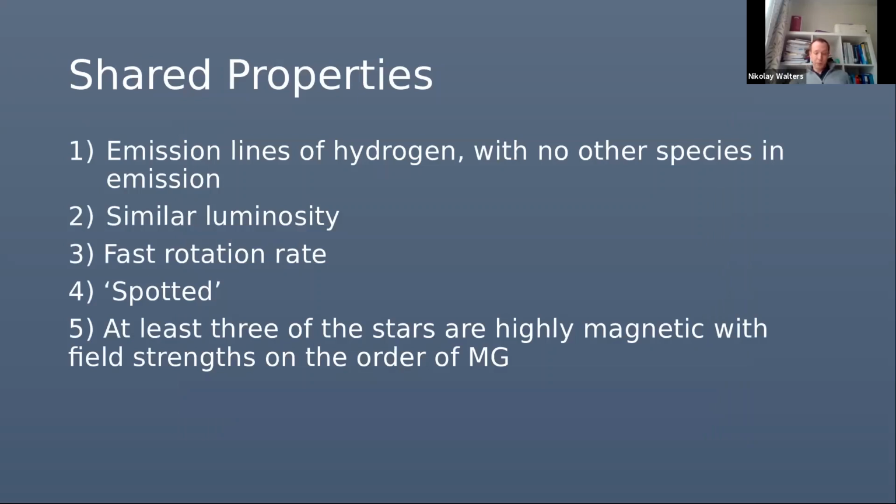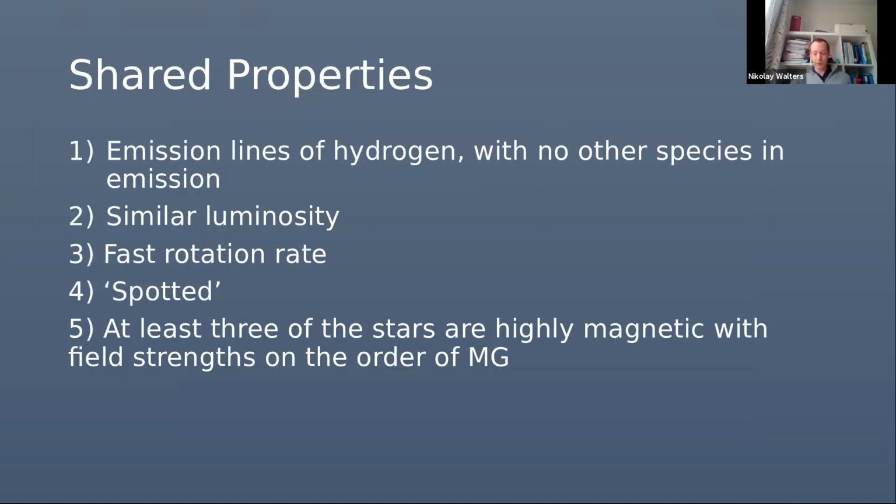Moreover, there are multiple properties shared by these four objects, other than having hydrogen emission and similar luminosities. For all four, the rotation rates are relatively fast compared to the typical white dwarf rotation. In fact, J1252 is the fastest rotating, apparently isolated white dwarf.